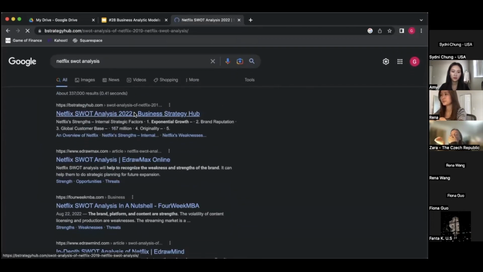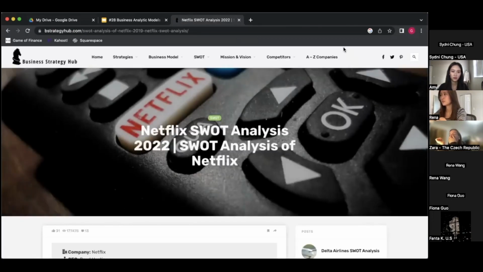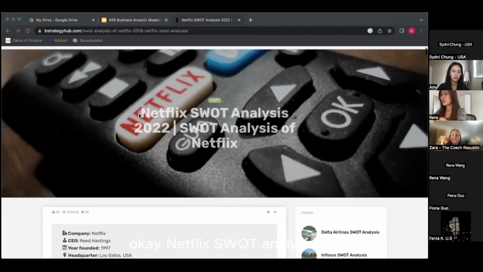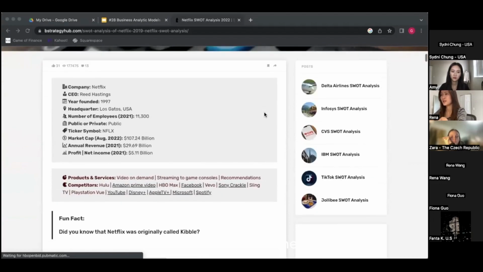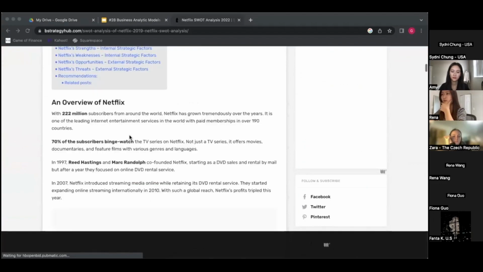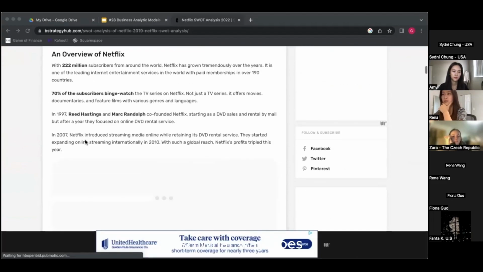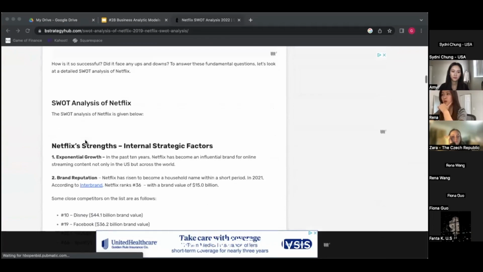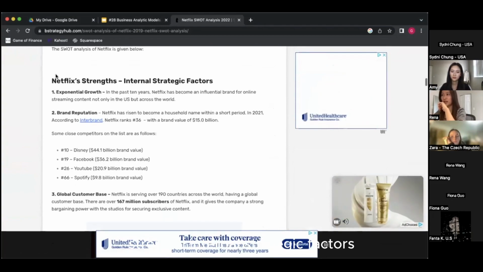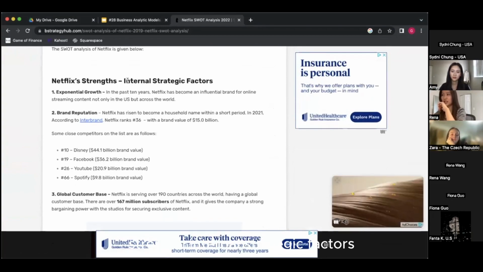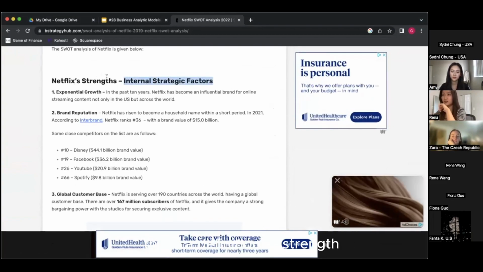Okay, Netflix SWOT analysis 2022, SWOT analysis of Netflix. So first, a summary of the company, an overview of Netflix, what it does. Okay, SWOT analysis. First of all, strengths, right? It's right here. Strengths are internal strategic factors. That's the definition of strength.